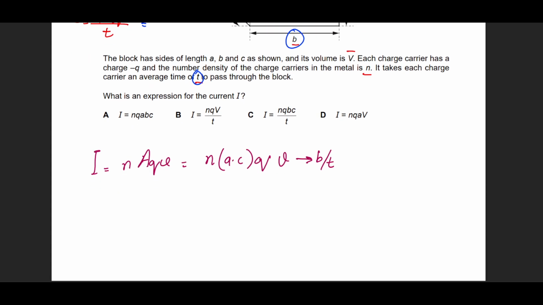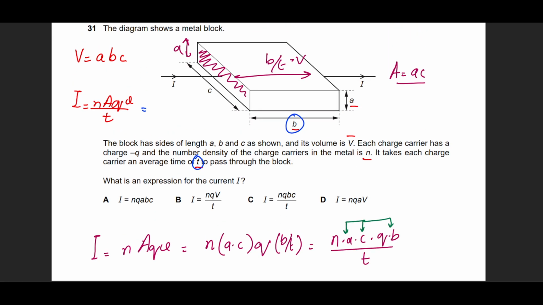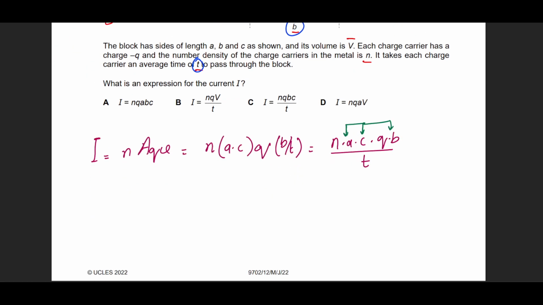So in place of V, I can simply write B by T. What does this become? This becomes N dot A dot C dot Q dot B divided by T. Now I realize that multiplying A with C with B is actually the volume, right? So this becomes NVQ divided by T, and the most common answer is option B.